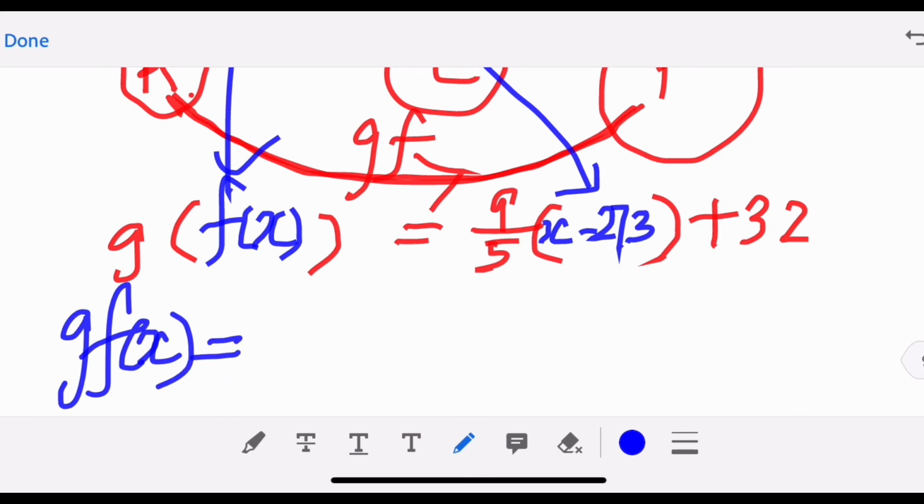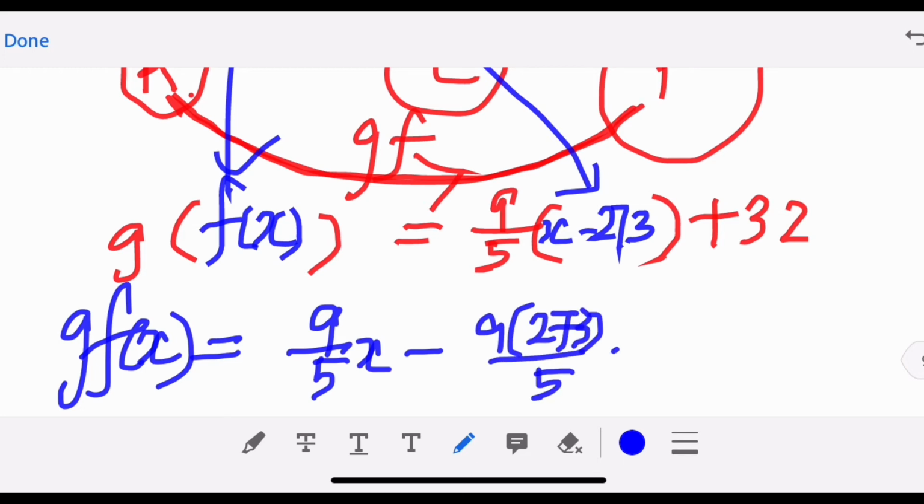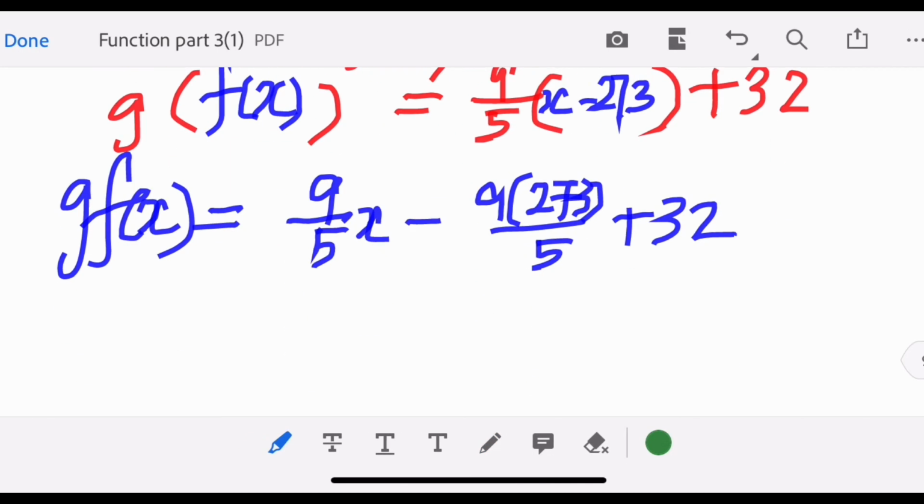If let's say this question is 3 marks, you will get maybe 1 mark out of 3 because you never simplified. If the student simplifies like this, she just multiplies the 9 times, and writes like this, plus 32. How many marks do you think she will get? She is still getting 1 mark.